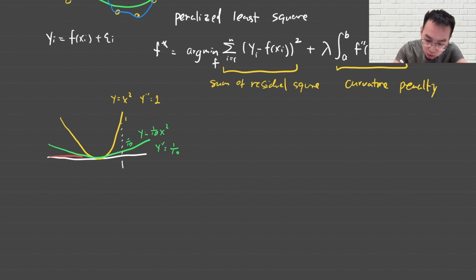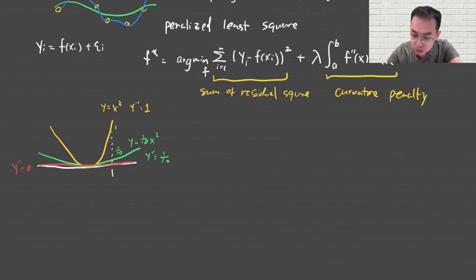That's when we get a flat line, a straight line, where the second derivative equals 0. So this is why we want to penalize this term here. If the second derivative is closer to 0, that means the curve has less curvature.